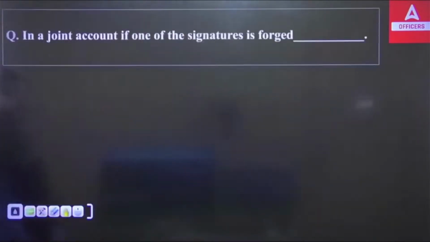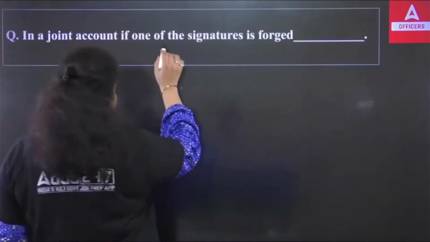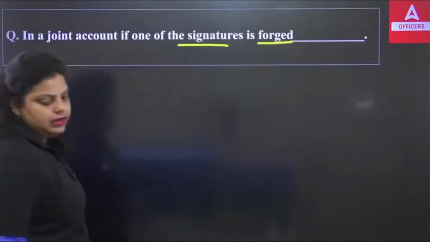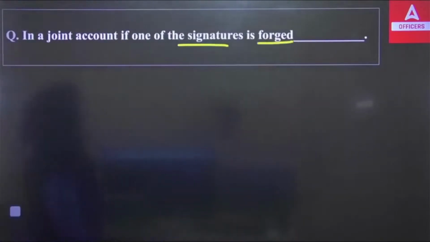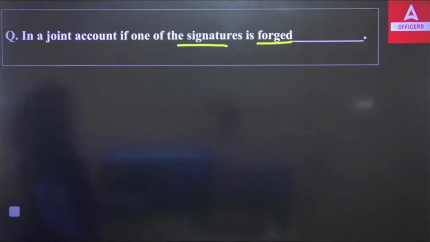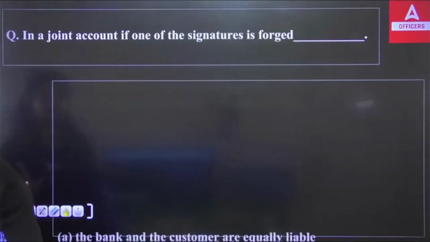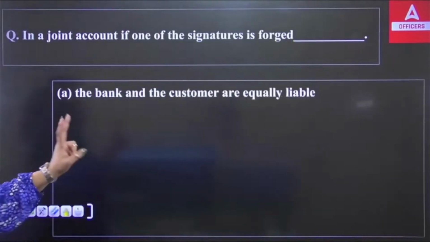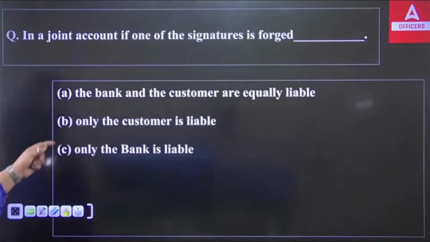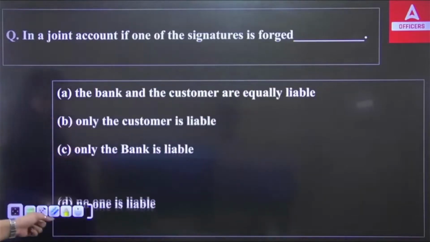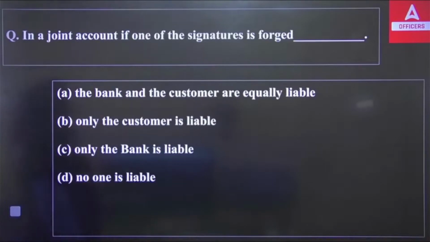Now the next question we have in a joint account is if one of the signature is forged, dash. So you have a joint account and one of the persons of a joint account, the signature is forged. In that situation, what happens? First, the bank and the customer are equally liable. Second, only the customer is liable, only the bank is liable, and no one is liable.